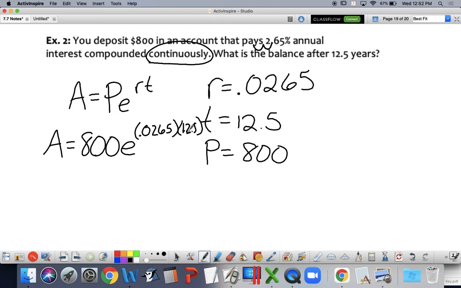Remember, e raised to a power is second natural log. Make sure you put 0.0265 times 12.5 all in that exponent. I got $1,114.17, rounding up.